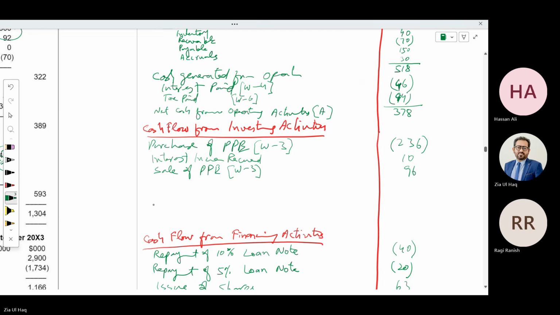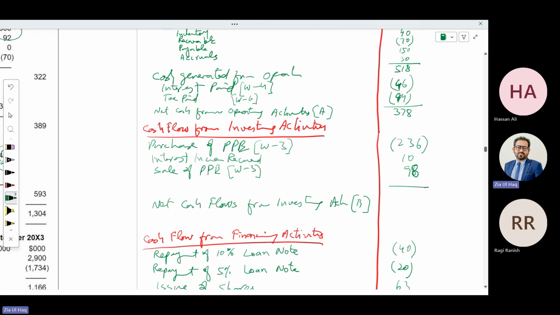So net cash flows from investing activities. That is B. How much is that? 140 negative. Sorry, this is 98, not 96. Here exactly, 236.